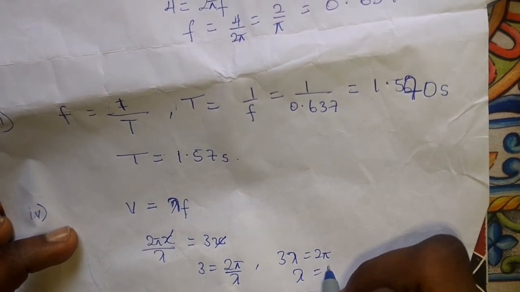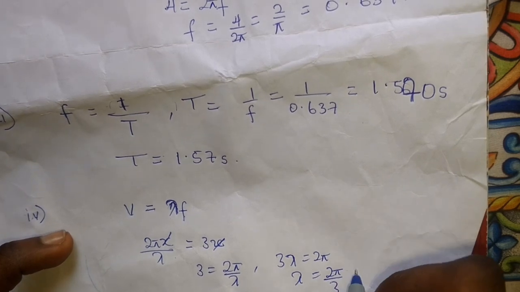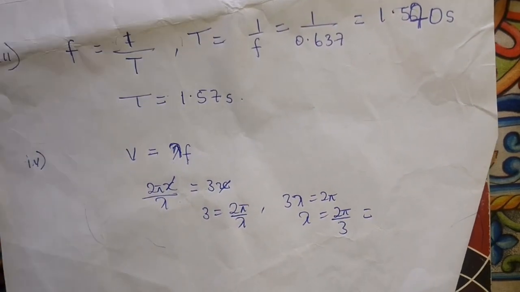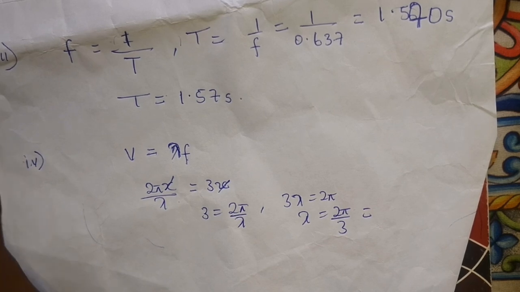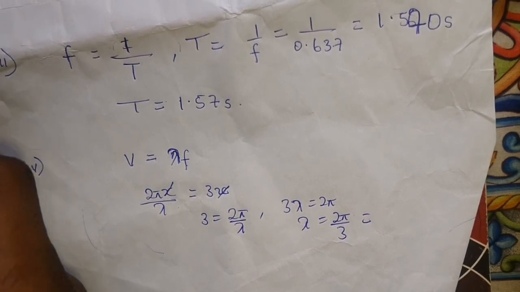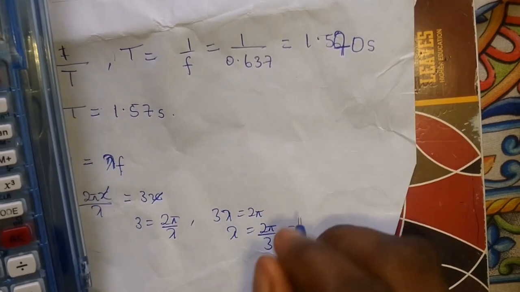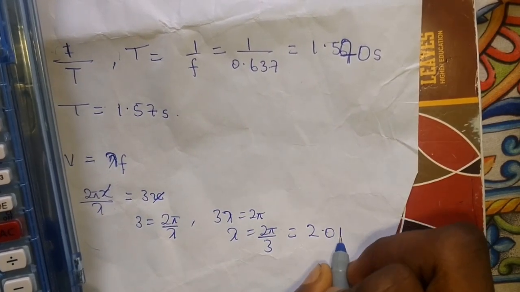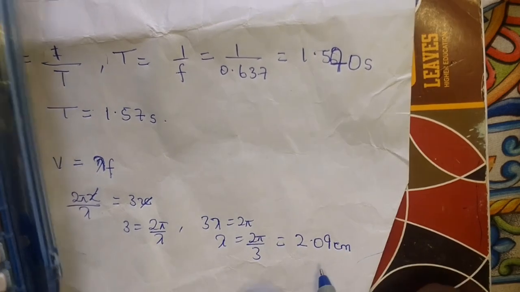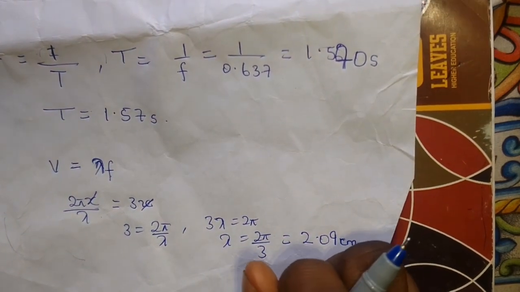Lambda is equal to 2 pi over 3. So let's calculate that. 2 times pi divided by 3 will give us our lambda as 2.09 centimeters. It's centimeters because our displacement too is in centimeters.